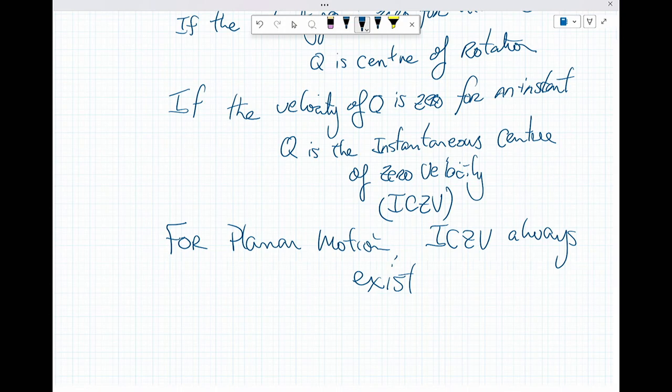They always exist. As you go into third year dealing with robotics and three-dimensional motion, good luck. That doesn't hold true, and this approach doesn't work. The vector approach does. So everything you're doing with vectors works all the way through. Graphically, I can't visualize 3D motion.